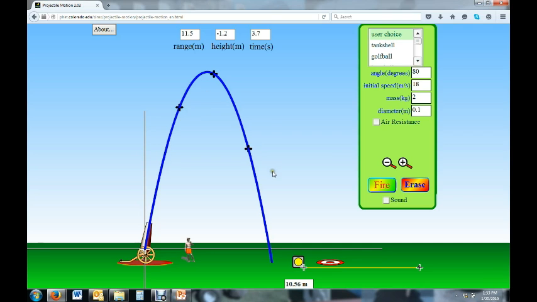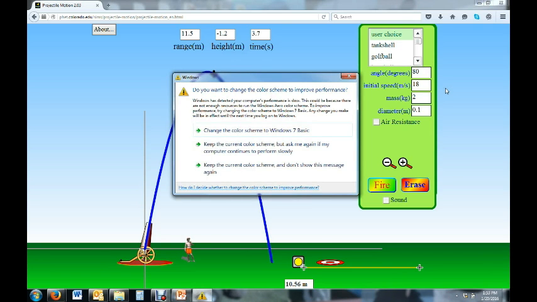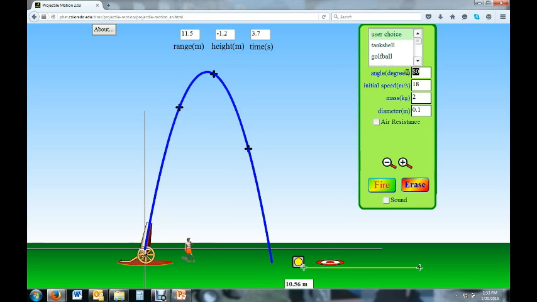So there we go. Okay. Now, one thing to notice. Currently I'm firing at an angle of 80 with an initial speed of 18. If I choose an angle that is symmetric about 45 degrees, so that in this case would be an angle of 10.